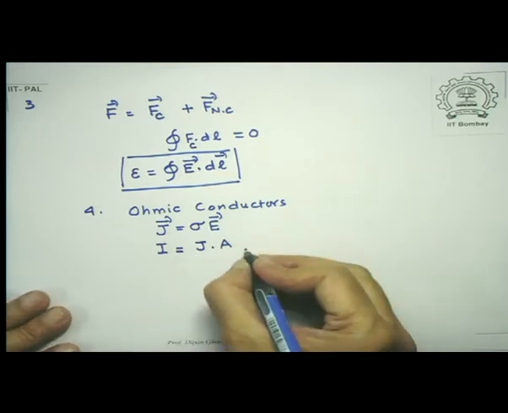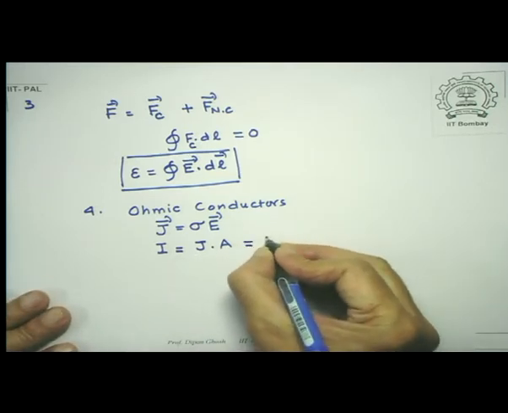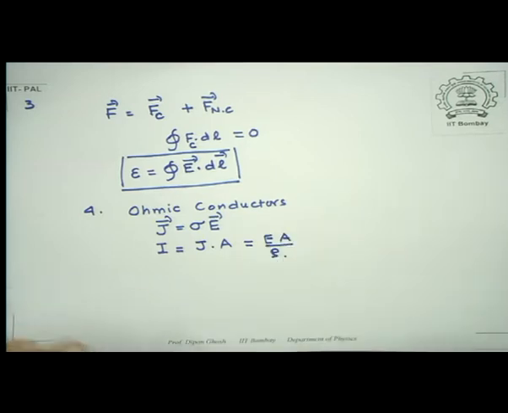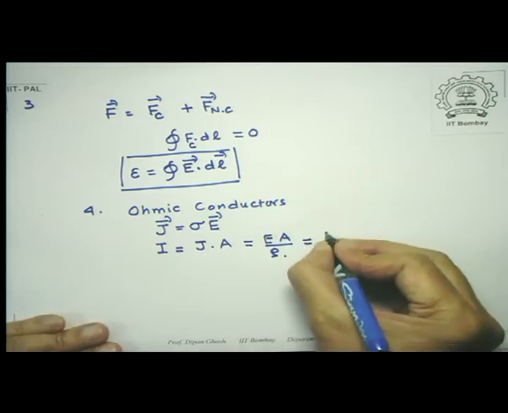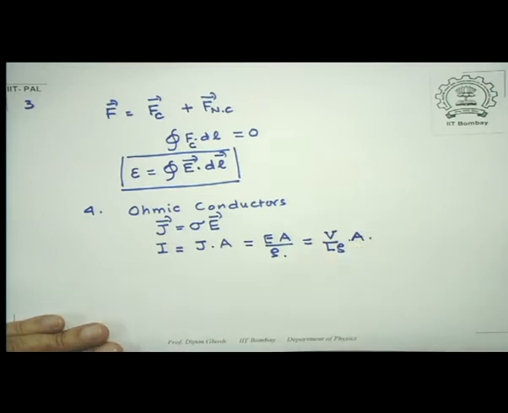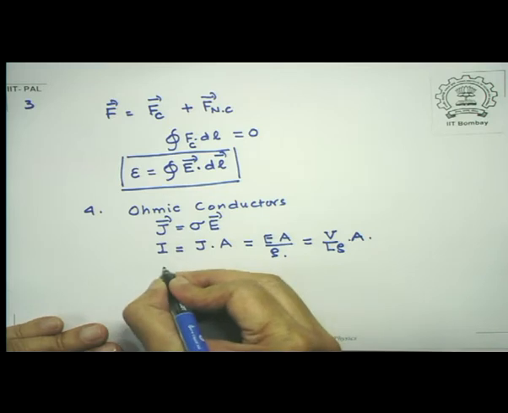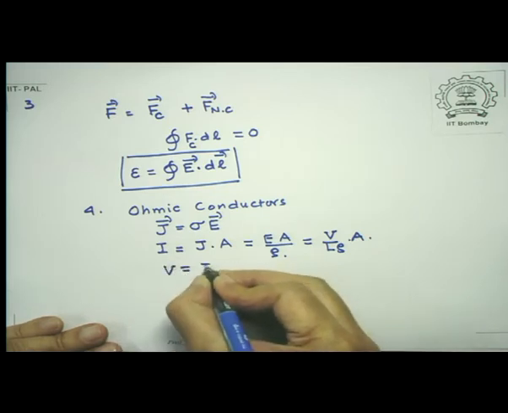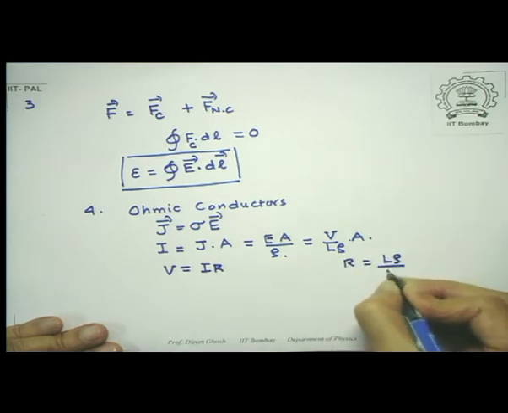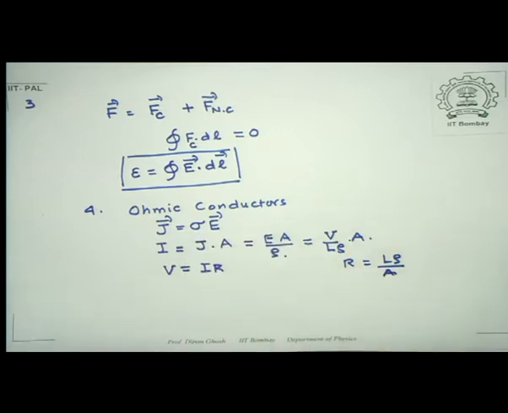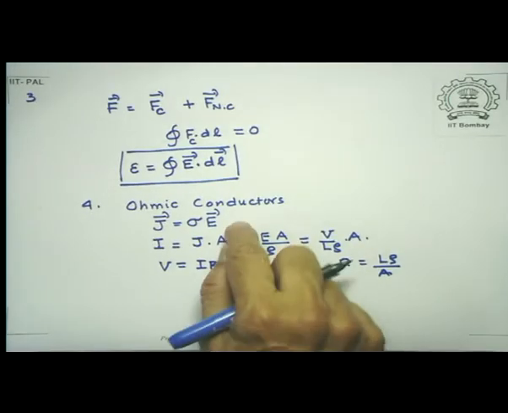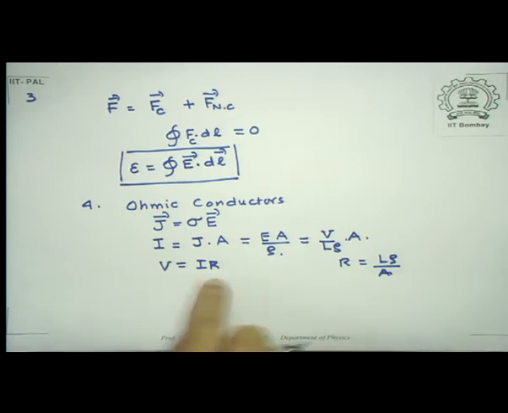So this is given by E A by rho, and that's equal to V by L, which is the electric field, times A by rho. So therefore I get an alternative relationship which says V is equal to IR, because R is nothing but L rho over A. So any of these relations you have for the ohmic conductors: J equal to sigma E, or E equal to J rho, and V equal to IR, etc.